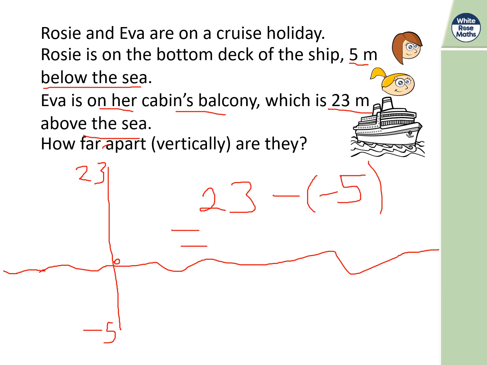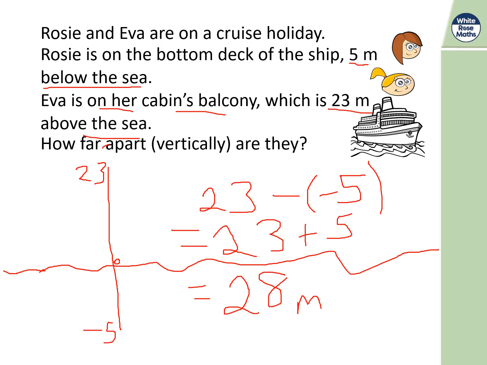So I've got 23 plus 5, because the two negatives make a positive as a sign of my sum. Okay, 23 plus 5 is 28. So they are 28 meters vertically apart. So Eva and Rosie are 28 meters vertically apart on the ship.